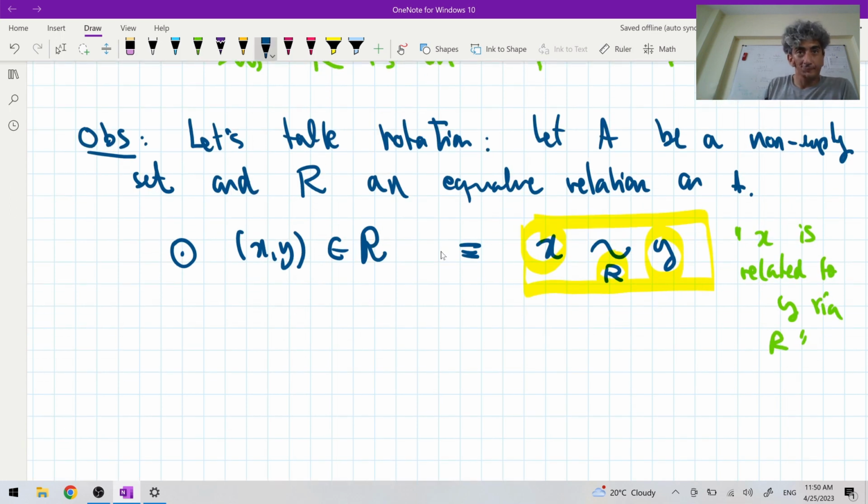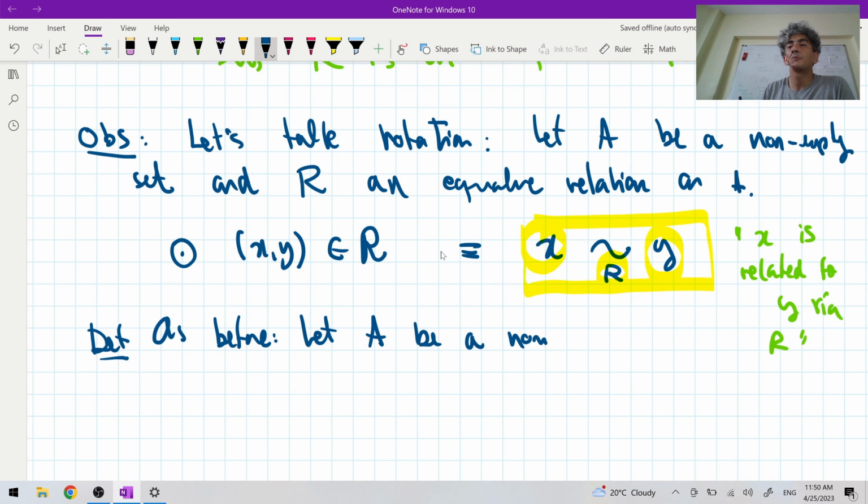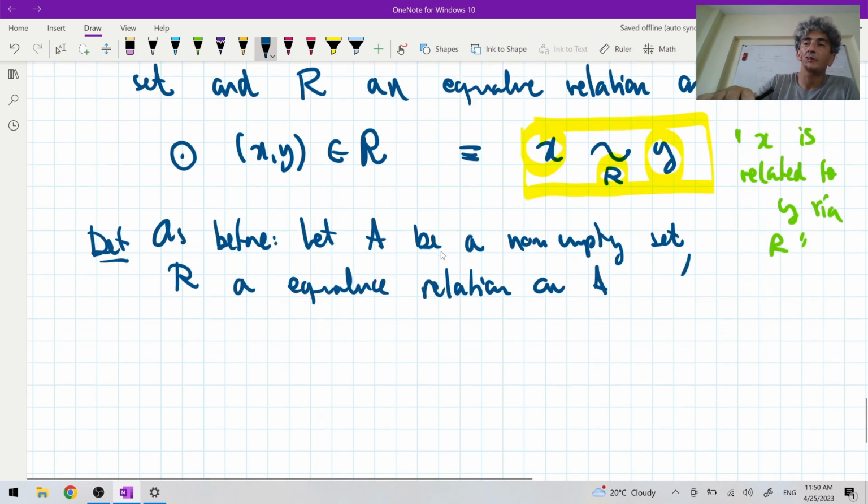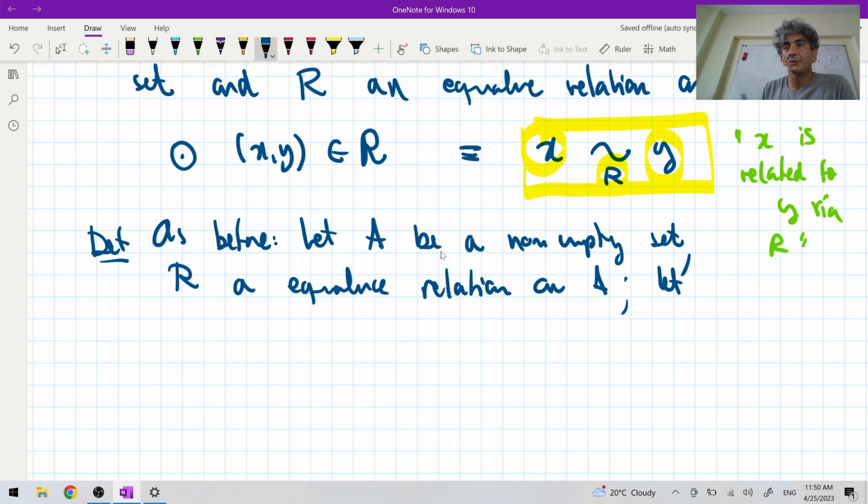Definition. As before, let A be a non-empty set and R an equivalence relation on A. Okay, we are going to define, let X be an element of A. So we're defining X hat, which is a set.